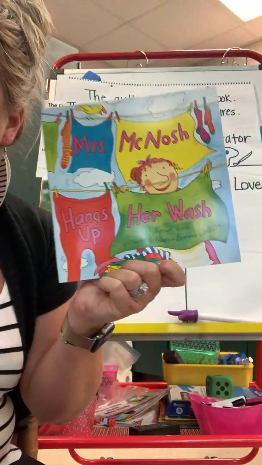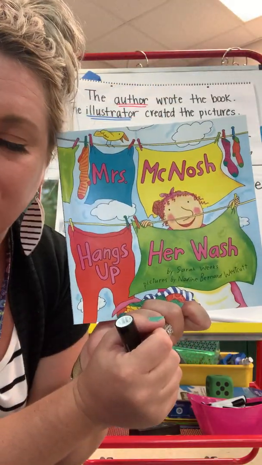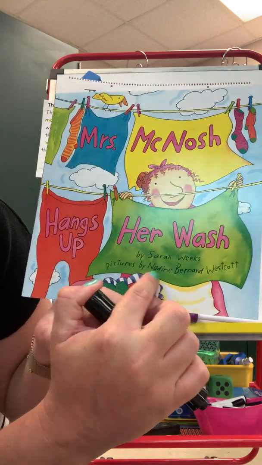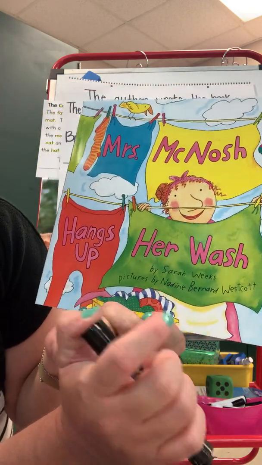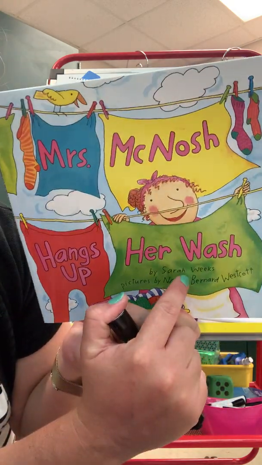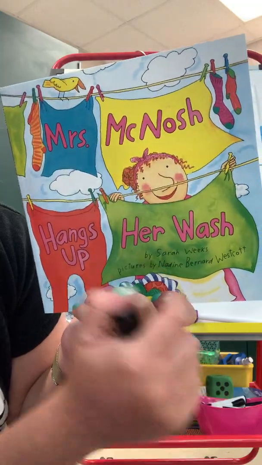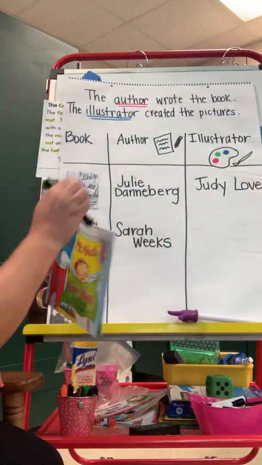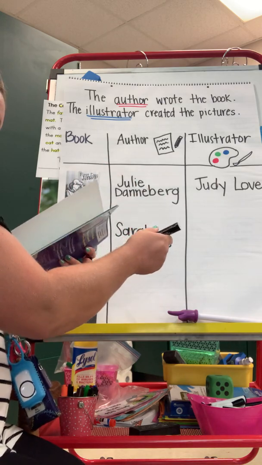So sometimes they will use different language to tell you who these authors and illustrators are. So this is by, she's got a long name, Nadine Bernard Westcott. So that's who I'm going to write for my illustrator. She is the one who's in charge of drawing all of the fun and silly pictures in Mrs. McNosh. So here we go, Nadine.